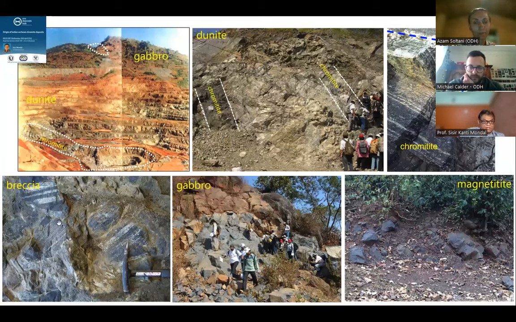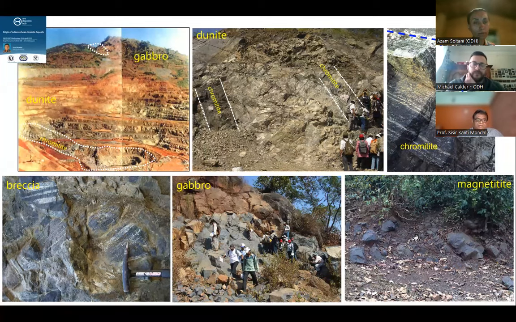So this is the character of the breccia zone, where ultramafic and chromitite clasts are cemented by pegmatitic gabbro, which is at the contact part of these chromitite or ultramafic clasts. We have sulfide mineralization, and those are PGE rich. This is the gabbro at the eastern part, and these are the magnetite.